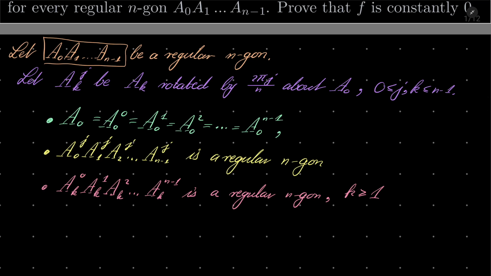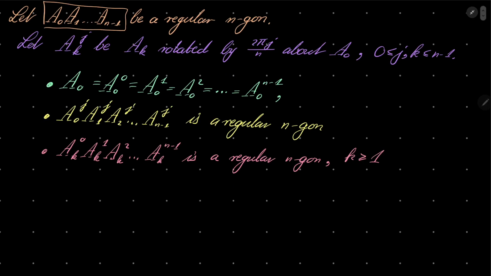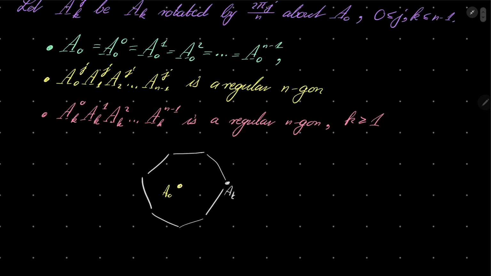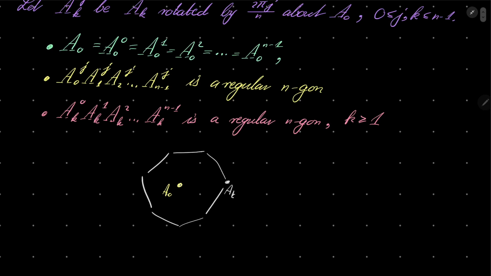Why is that? It's because we are taking some point ak, and we have somewhere here point a0, and we are rotating this point n times about this point. So what appears is exactly a regular n-gon.